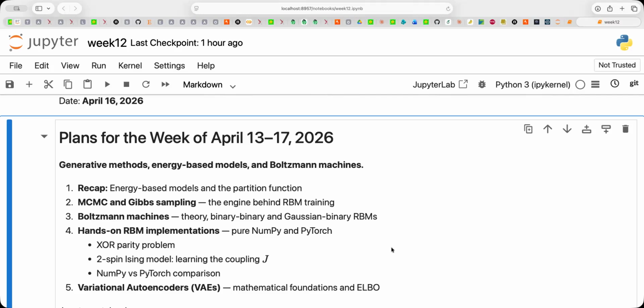I have provided you with a program I wrote in NumPy, and there's a similar one in PyTorch. And then at the end, there is an example on how you can use the very exciting MNIST data and produce new images based on the probability which you have trained.